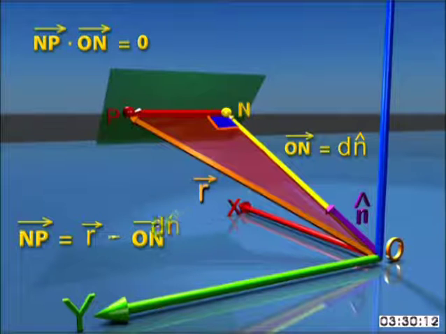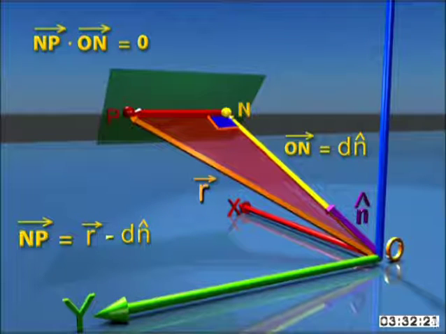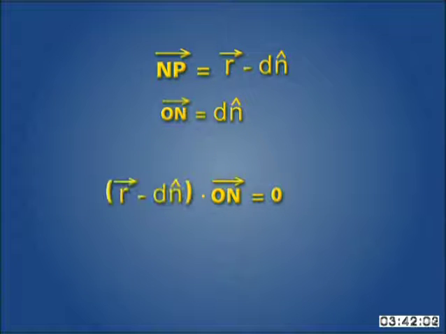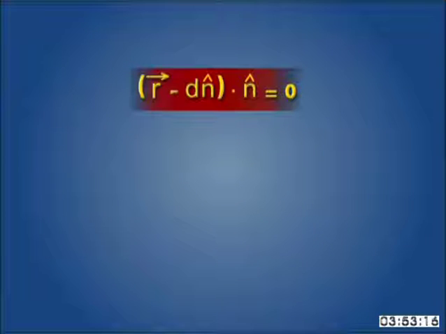Now, as we have scalar product of vector NP and vector ON is equal to 0, this implies that vector R minus D into unit vector n cap dot D into unit vector n cap is equal to 0, which implies that vector R minus D into unit vector n cap dot unit vector n cap is equal to 0.